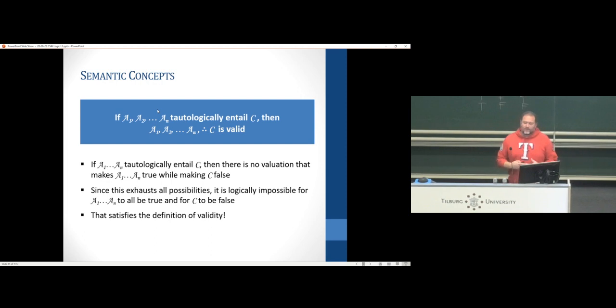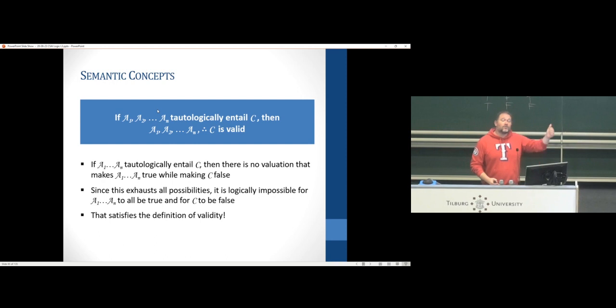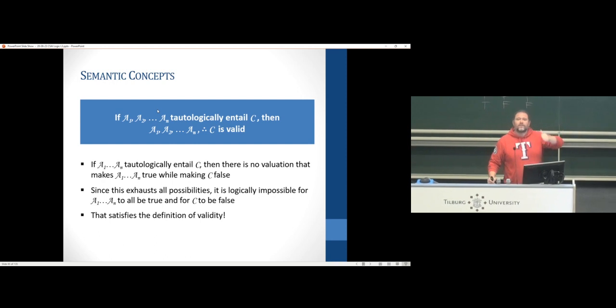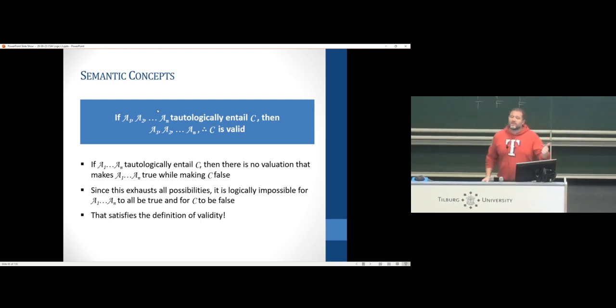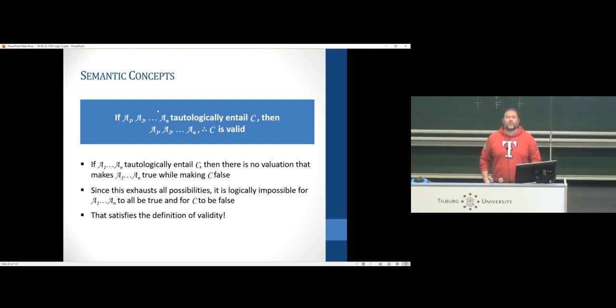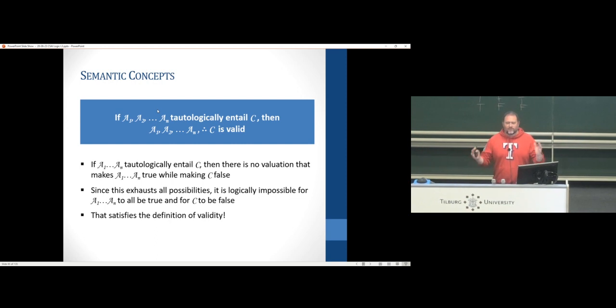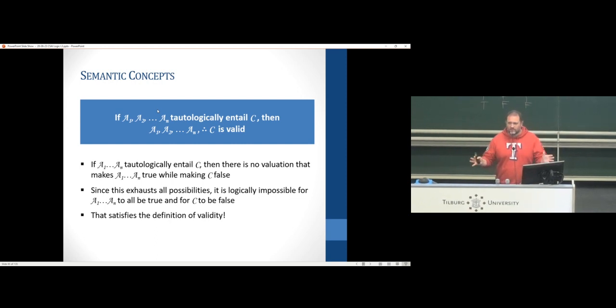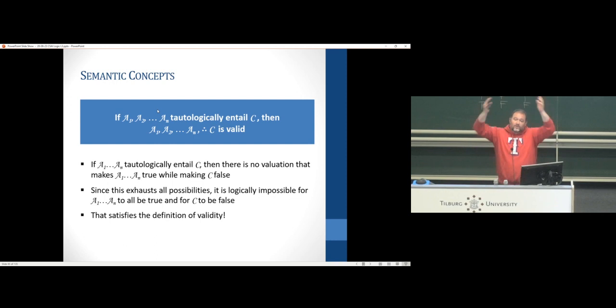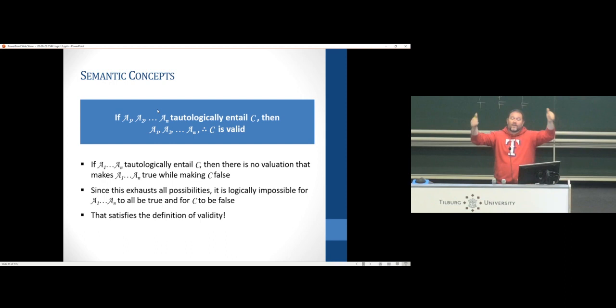So, again, the important thing with all of these semantic concepts, the notion of a tautology and a contradiction, the notion of jointly tautologically consistent or inconsistent, tautological equivalence, and tautological entailment: every one of them is defined in terms of a valuation, an assignment of truth values to the relevant atomic sentences. We use that together with our tables to tell us the rest of these properties, to say when they hold, when they don't hold.